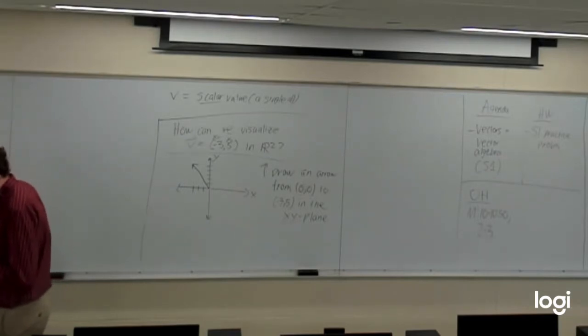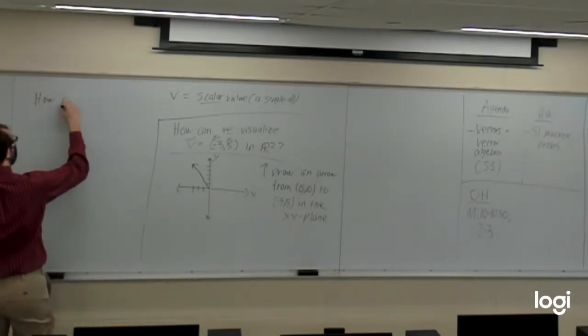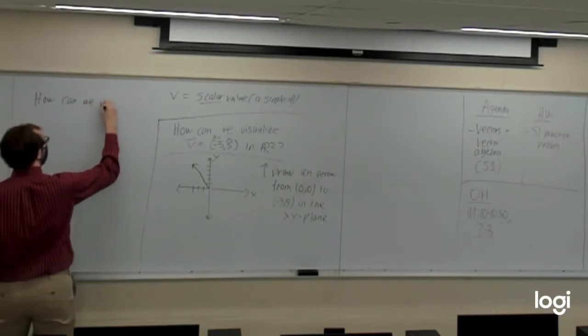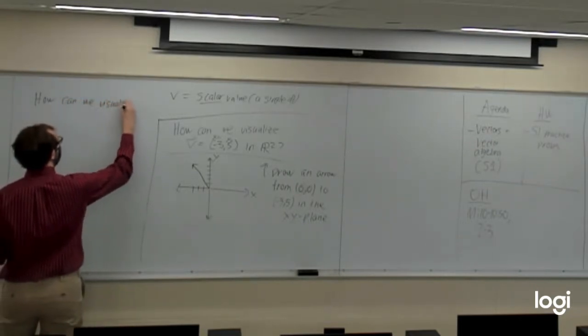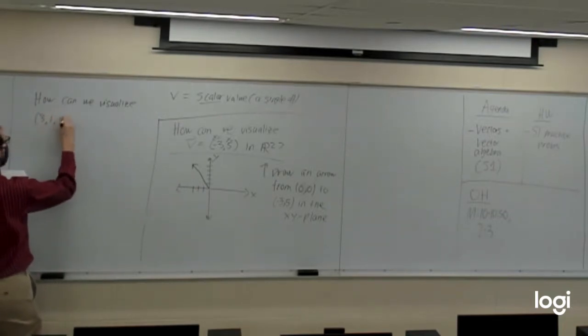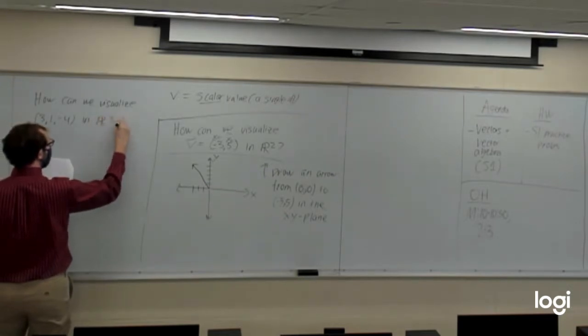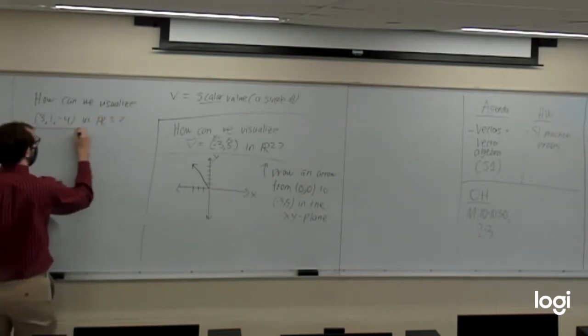So next, how can we visualize (3, 1, -4) in R3?